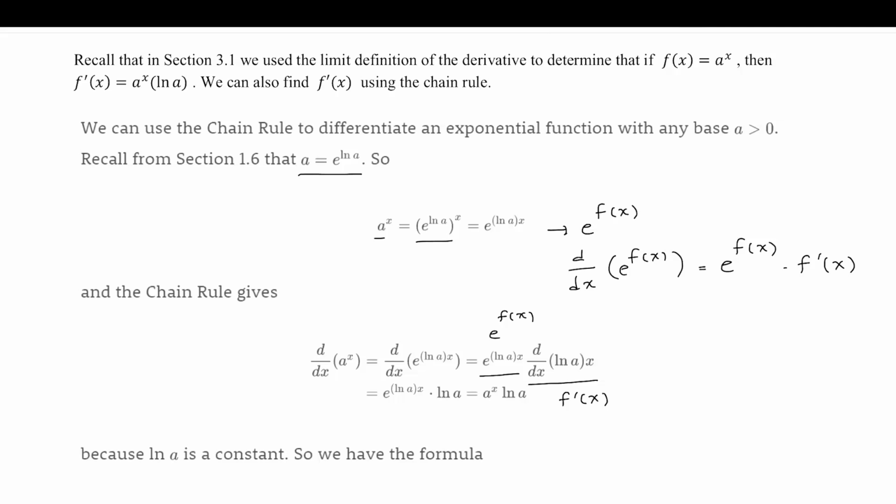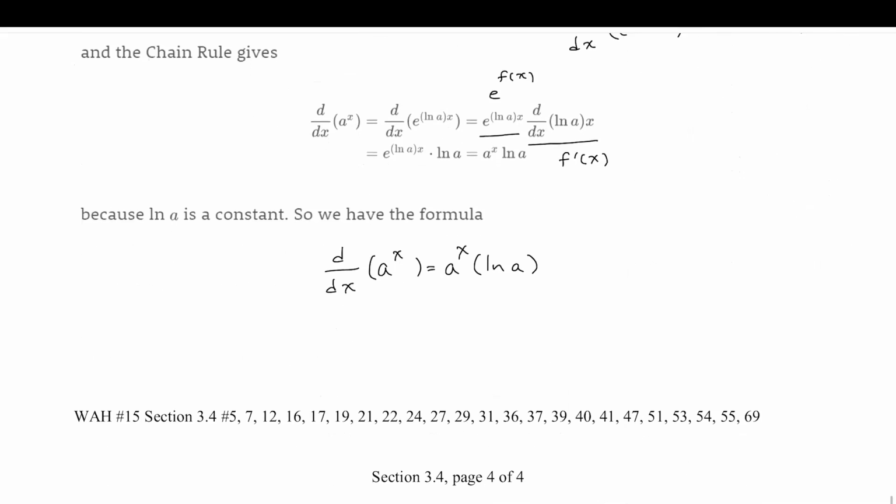Now the derivative of ln a times x is just ln a, because ln a is like the slope on mx. So in the end, when I take the derivative of a to the x, that is a to the x times ln a.